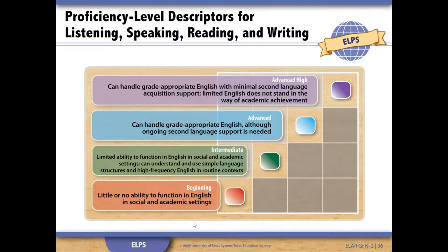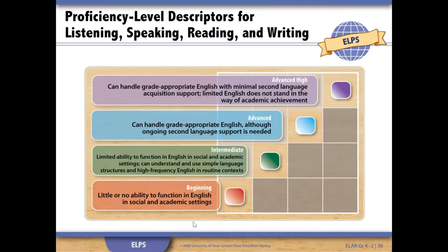The only slight difference in an advanced and advanced high student is that an advanced high language learner, you wouldn't be able to tell that that learner was not a native English speaker. Advanced high students, you would hear them speak and think that they speak English at home. You would look at their writing and you would think that they've been writing since they were young as a native English speaker or writer.